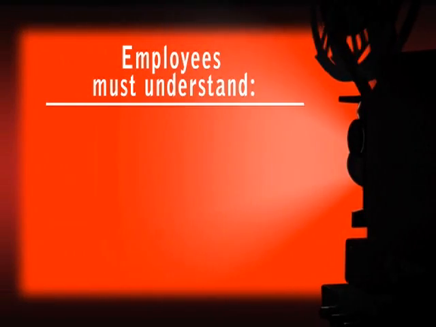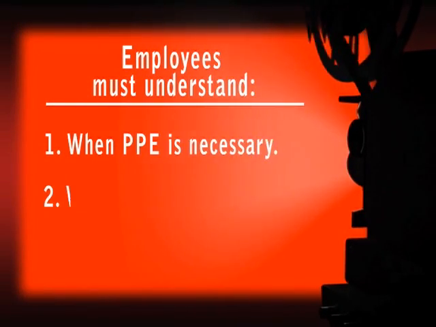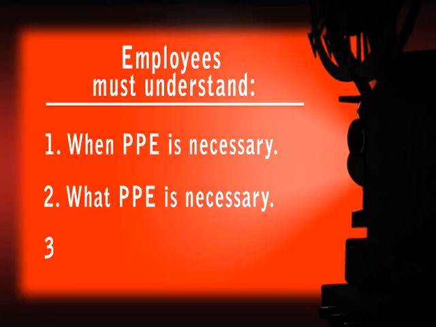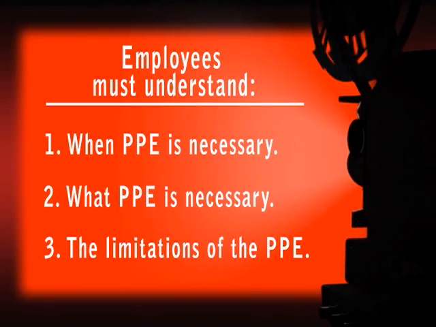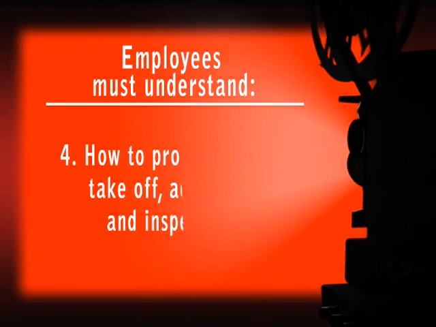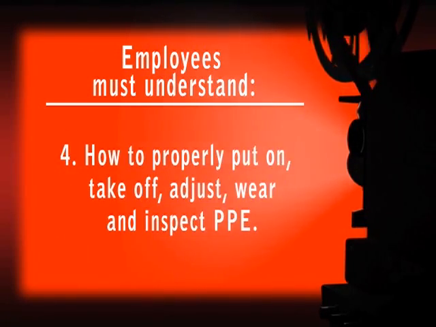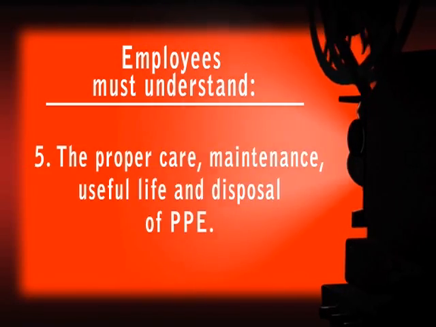Employees must understand when PPE is necessary, what PPE is necessary, the limitations of the PPE, how to properly put on, take off, adjust, wear, and inspect PPE, and the proper care, maintenance, useful life, and disposal of PPE.